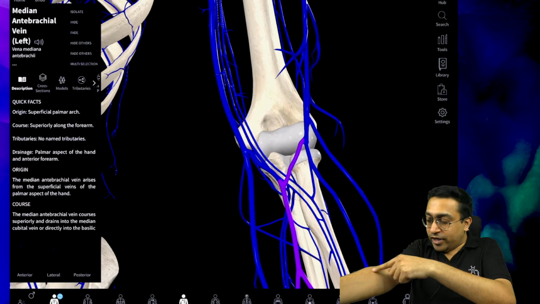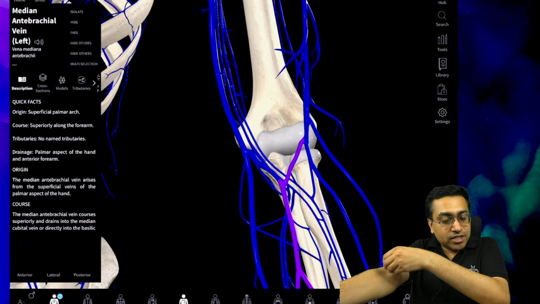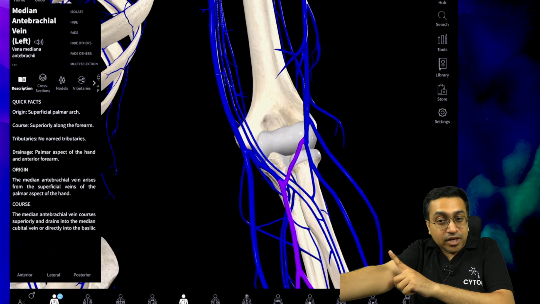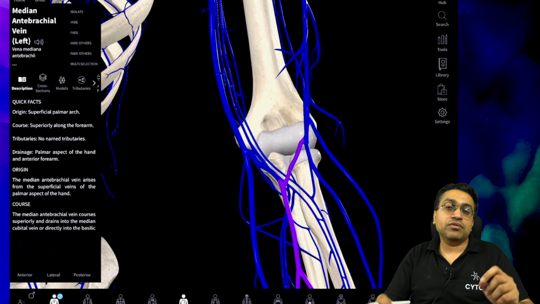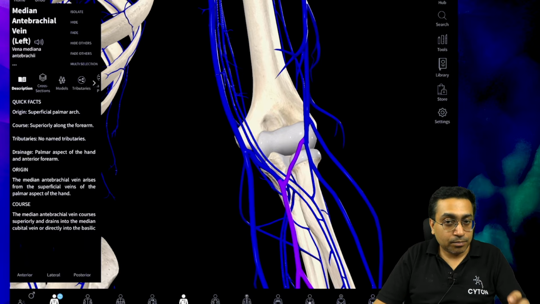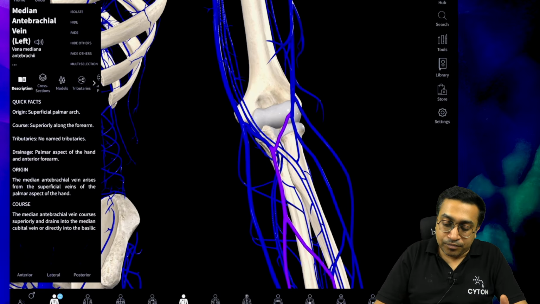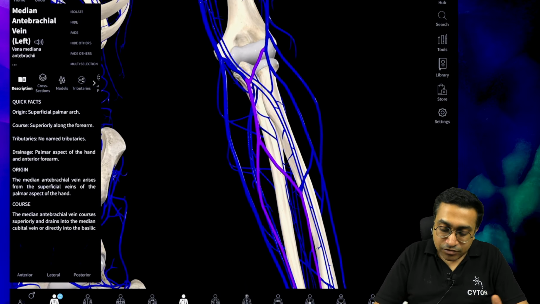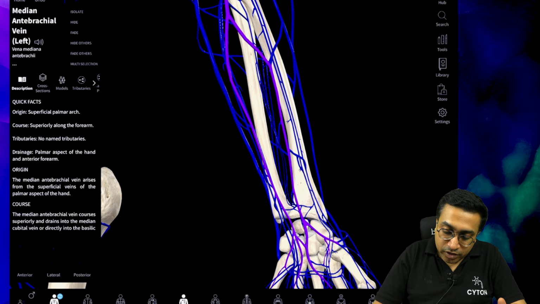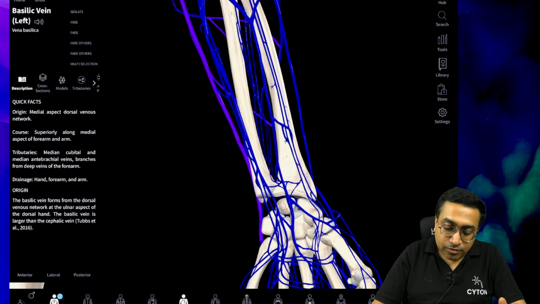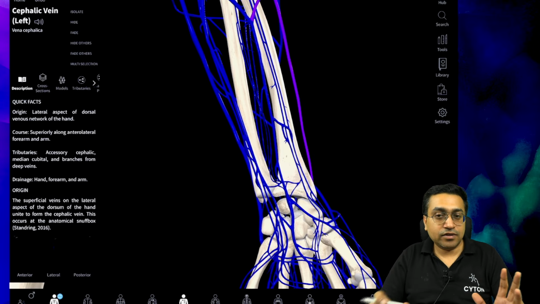He finds the vein in this region, punctures it and takes the sample. So this median cubital vein or median antebrachial vein is the most common vein used for IV sampling. We will discuss that region wise. Why is it so? Because right now you don't know in too much detail. Then we have the basilic vein and cephalic vein, which we discussed, lateral and medial.